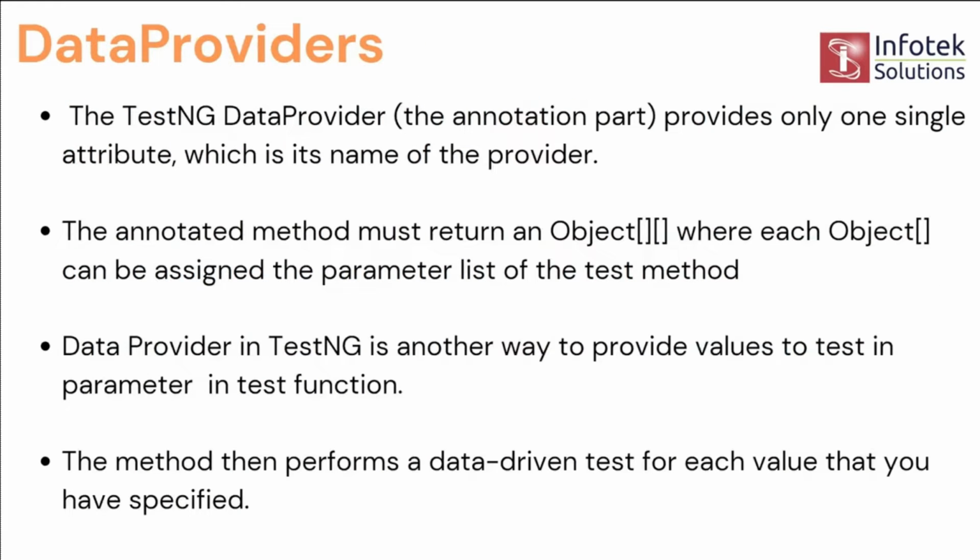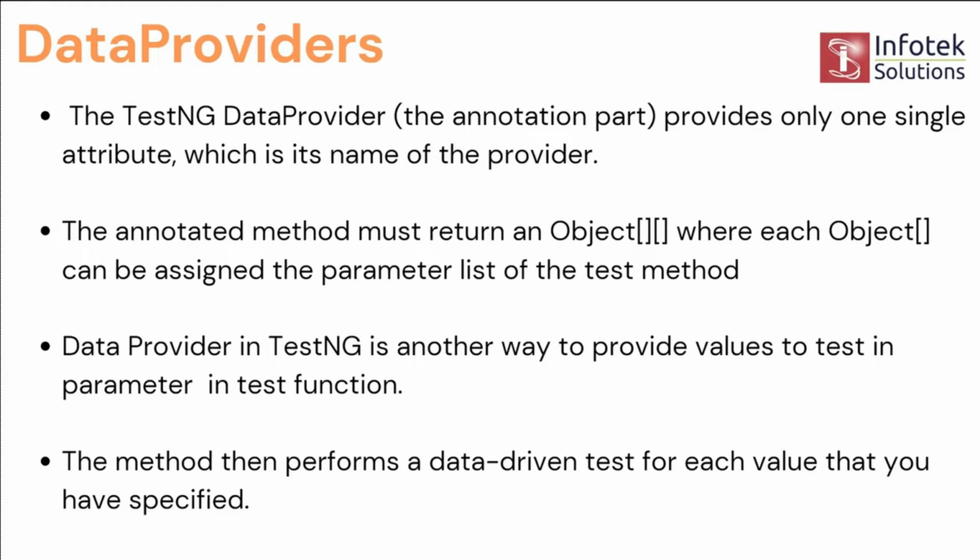Now data providers, basically the TestNG data provider has only one single attribute, which is the name of the data provider. That means we use the data provider annotation, and to that we pass the name of the data provider method, and then the data provider is applied. Now the annotated method must return an array of objects, where the objects can be assigned to the parameter list of test methods.